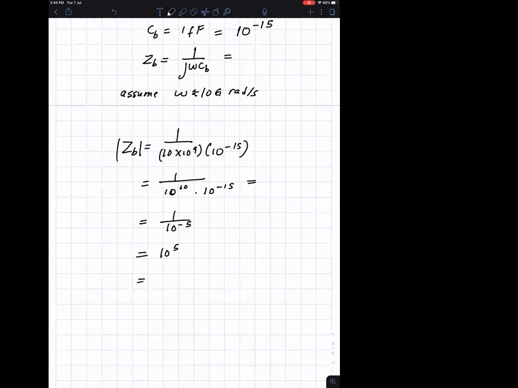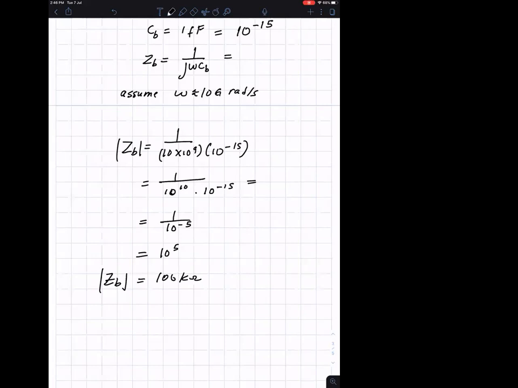So that's going to be 10 kilo ohms. Sorry, no, more than that, 100 kilo ohms. So ZB is very big.